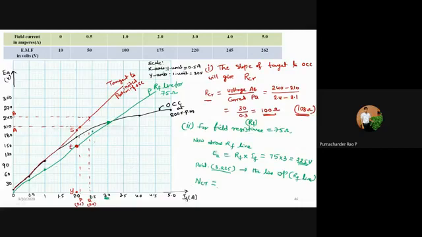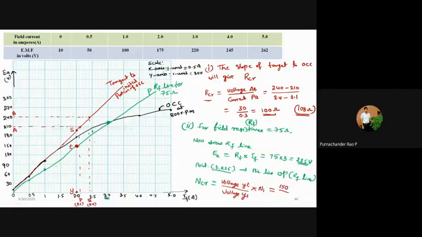As per our formula, NCR is equal to the voltage YT divided by the voltage YS into the rated speed. So YT is equal to 150, divided by YS.